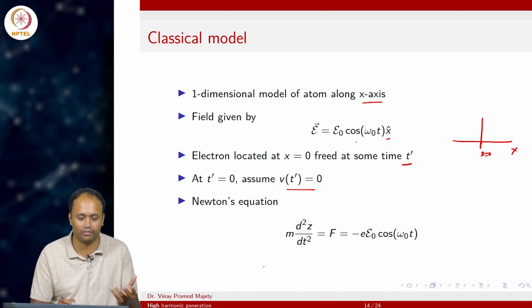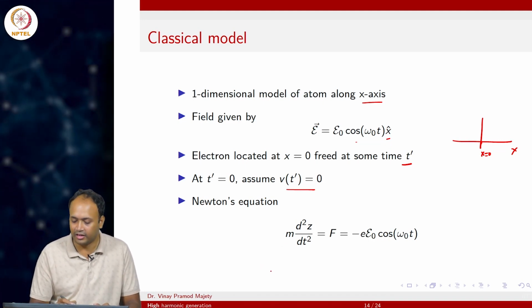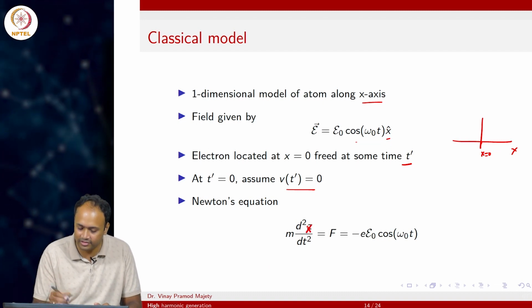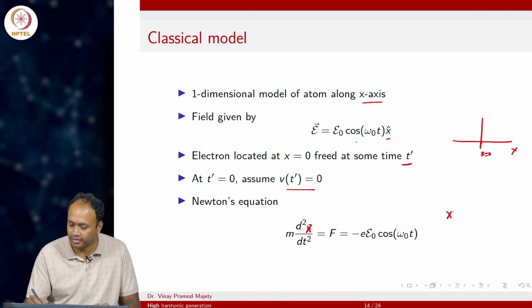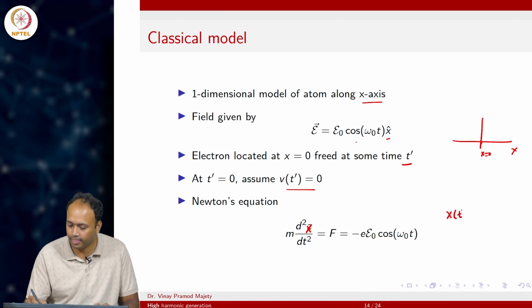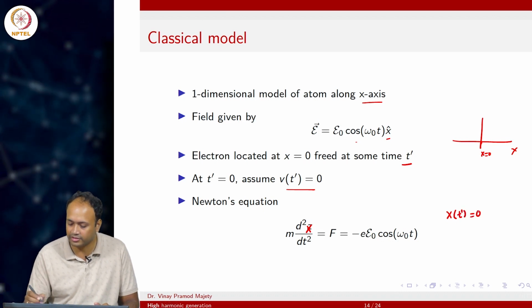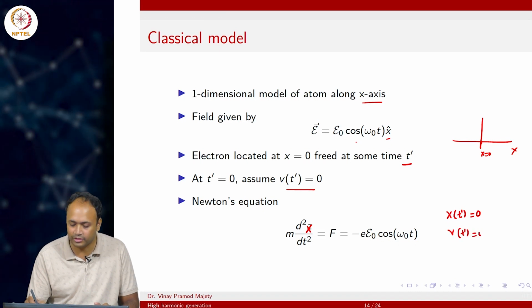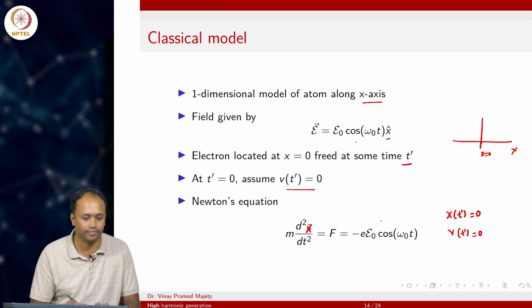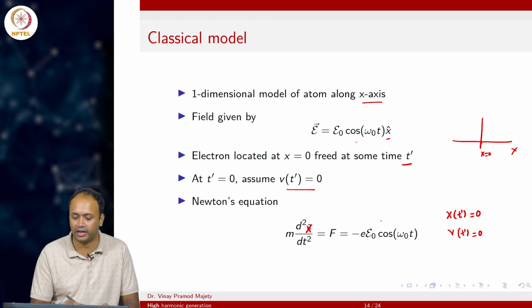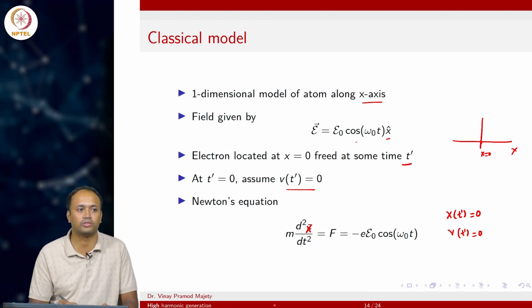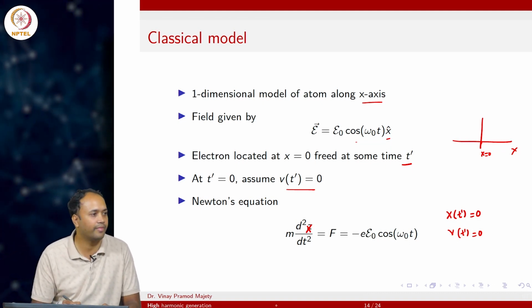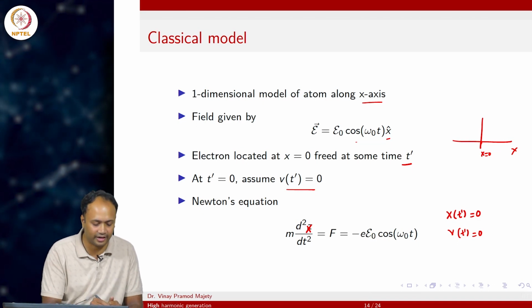So, if I want to solve Newton's equation now, I need the initial condition for the position, which is 0, and also the initial condition for velocity, which is also 0, and then I can solve this second order differential equation, and I can compute the velocity of this particle at a later time t, and also the position at a later time t.